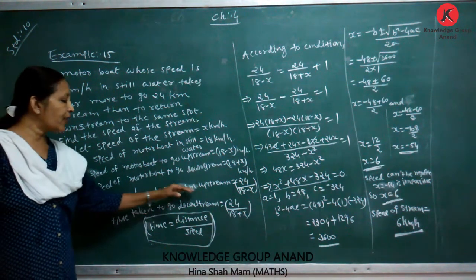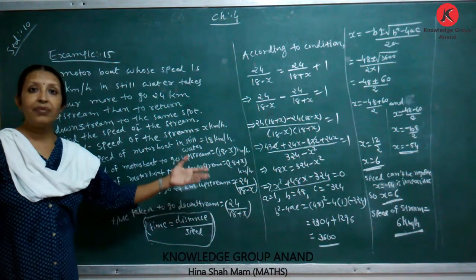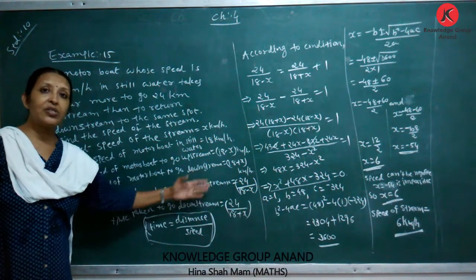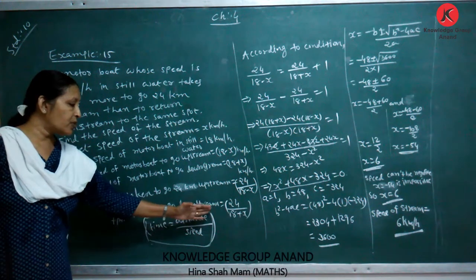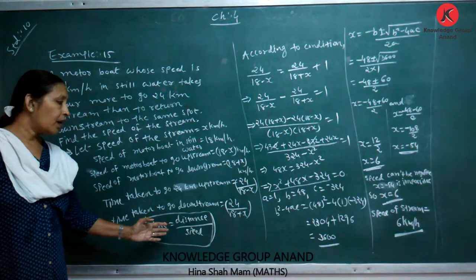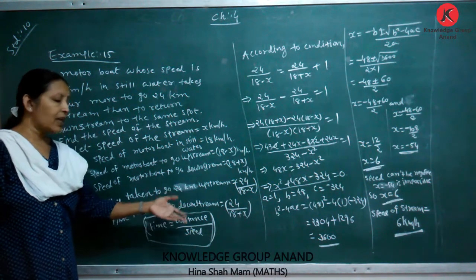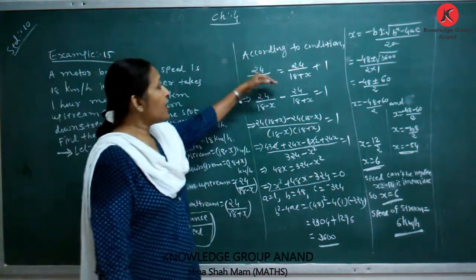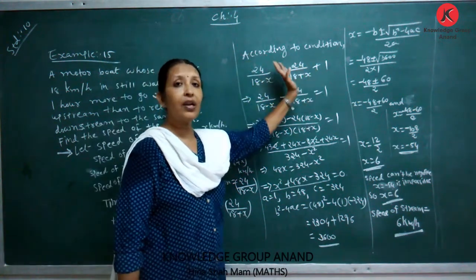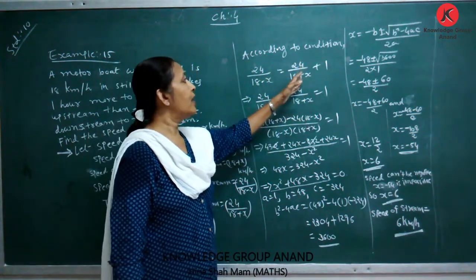Time taken to go 24 km upstream: time is equal to distance upon speed, so 24 upon 18 minus x. Downstream, 24 upon 18 plus x. According to the condition, upstream takes 1 hour more than downstream.